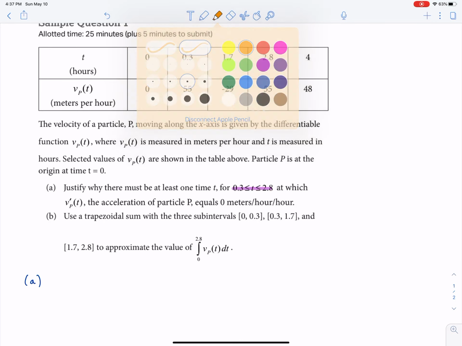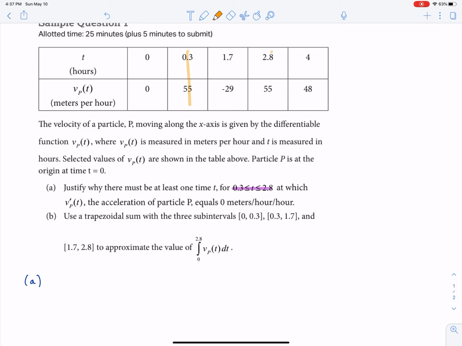Since v of 0.3 and v of 2.8 are both equal to 55, then by Rolle's theorem, there must be a c on the interval from 0.3 to 2.8 such that v prime of t equals 0.